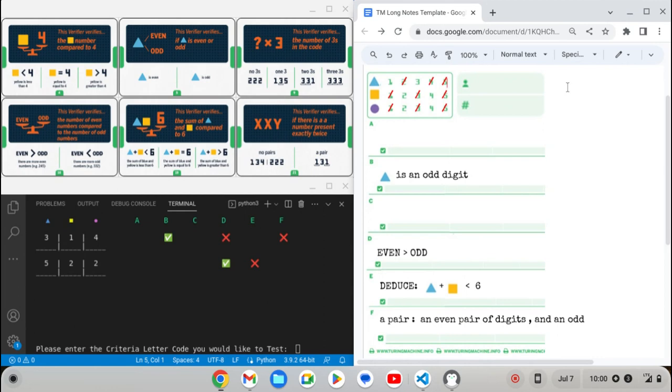So if I know what square is, let's see, is there a way to deduce? I'm trying to think if I can get away with just testing one or the other.